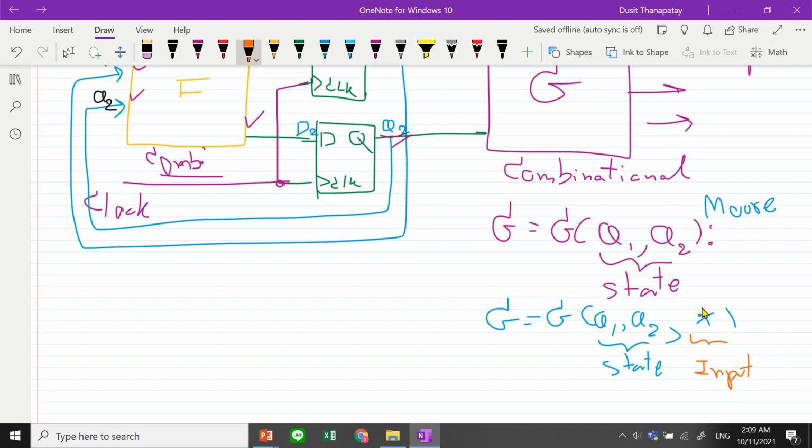The circuit whose output is based on state and external input value is called Mealy type state machine. Okay, now let's go back to the slide.